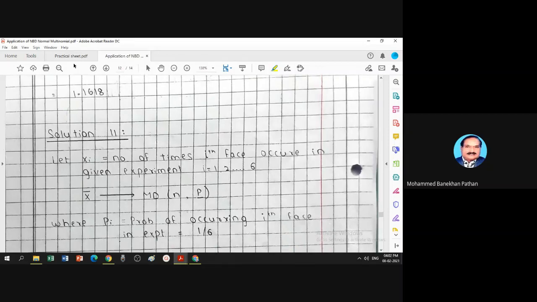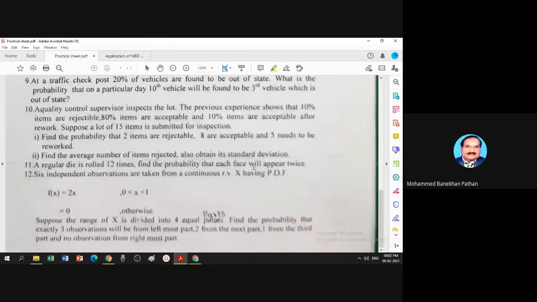Let us read question 11 and then we'll solve. A regular die is rolled 12 times. Find the probability that each face will appear twice. Now, why is it a question of multinomial?